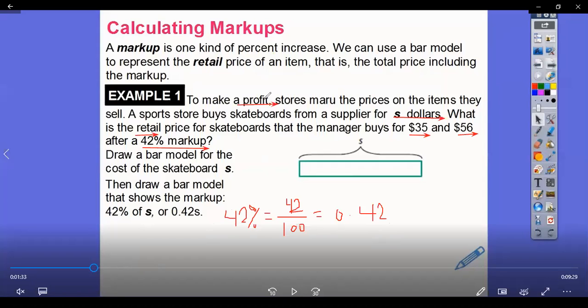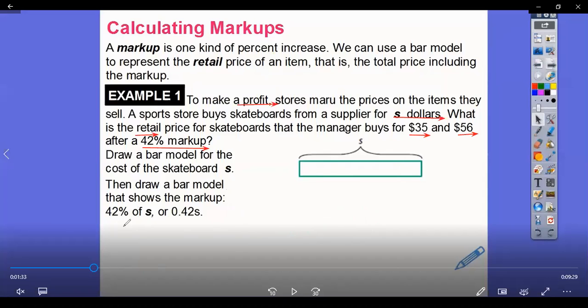Okay, then how are we going to change it into decimal? Remind me, please, grade 7. How will we change any percent into decimal? Yes, please, go on. We will make the percent over 100. Exactly.